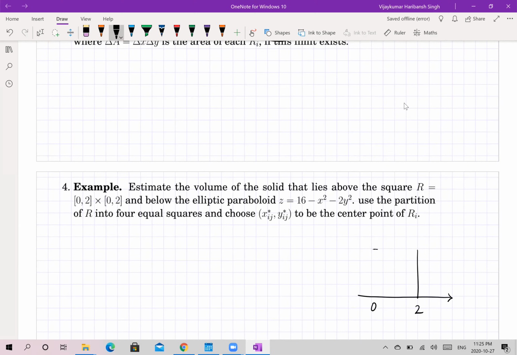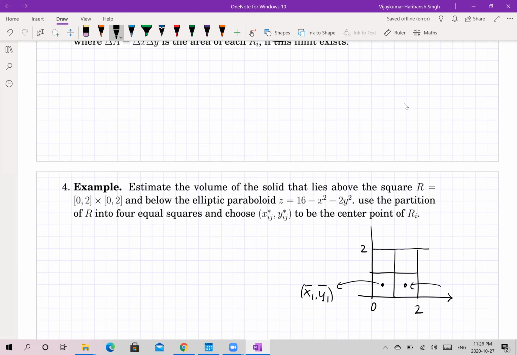And now I'm dividing it into 4 equal squares, and I'm choosing my midpoint. So this is going to be my x1, y1, and I'm choosing this as a midpoint.